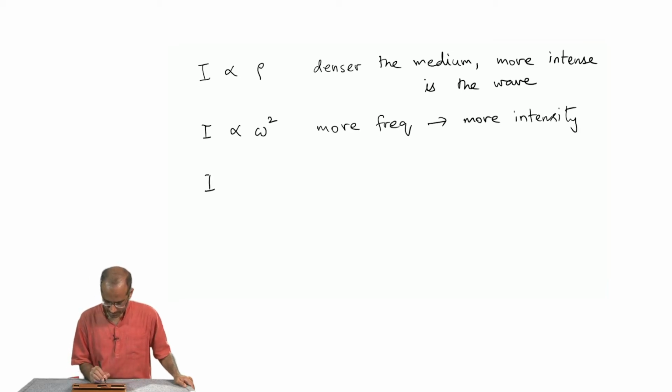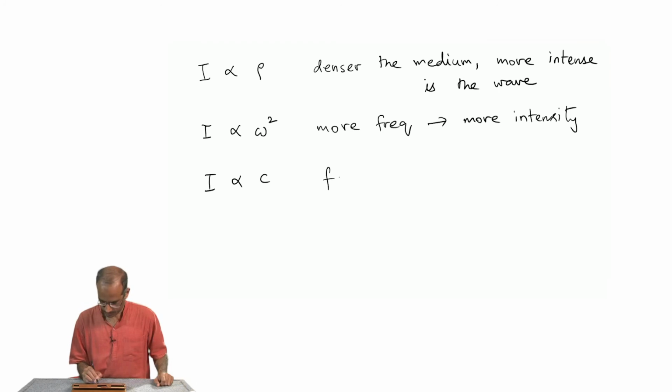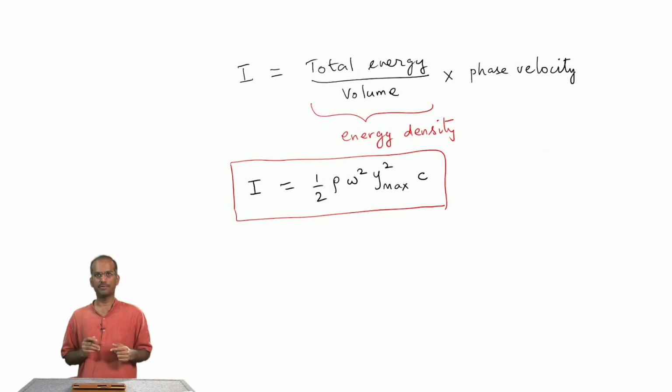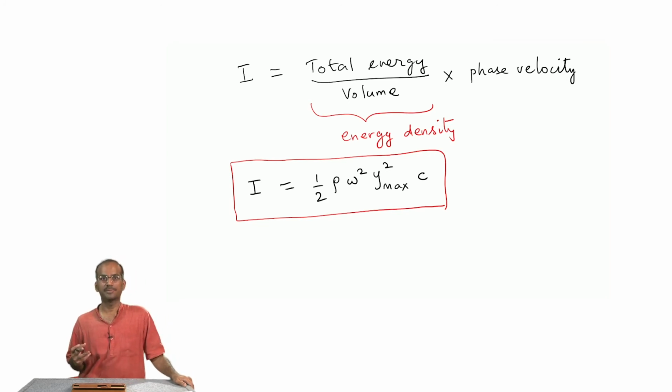And similarly, intensity is also proportional to the speed of the wave. The faster the wave travels, the more the intensity. The expression that we have derived for intensity is explicitly in terms of the displacement amplitude, which here is y max.